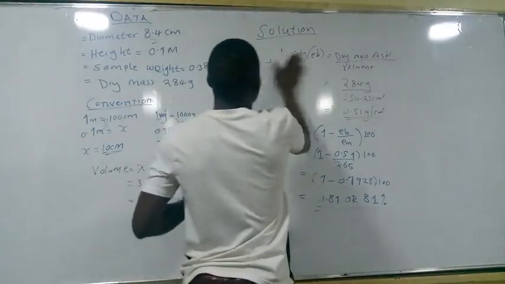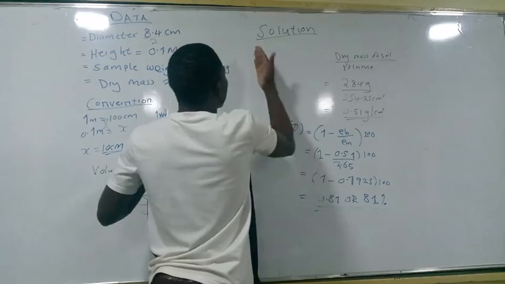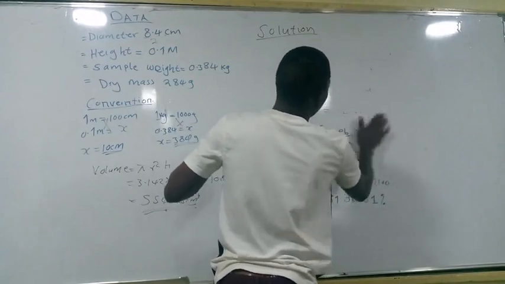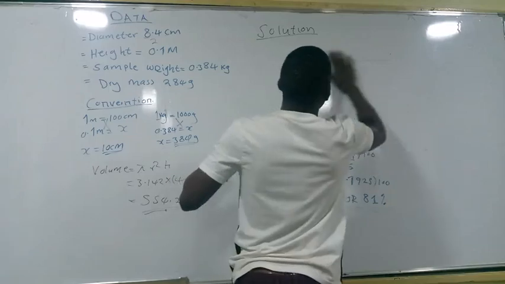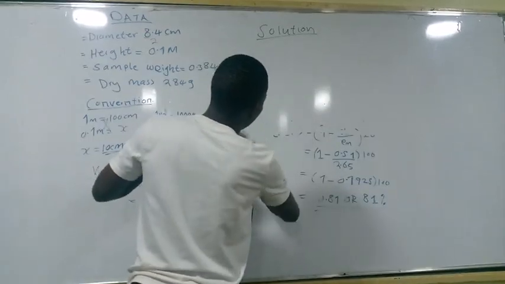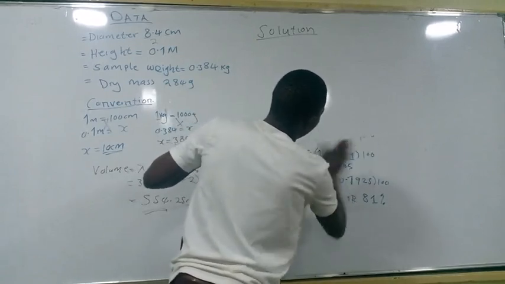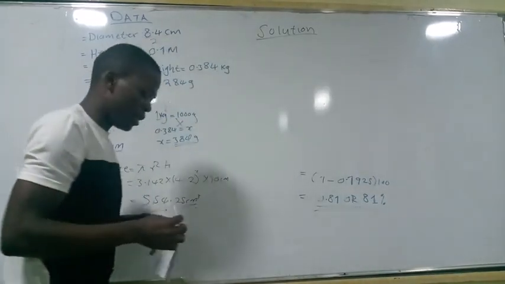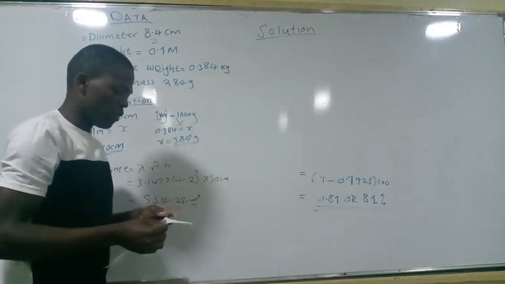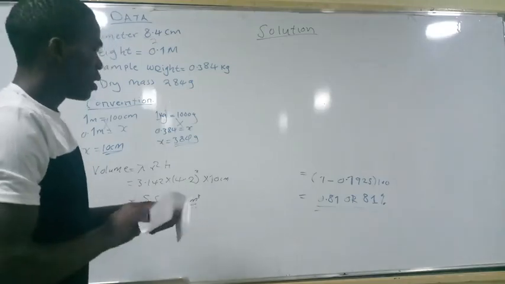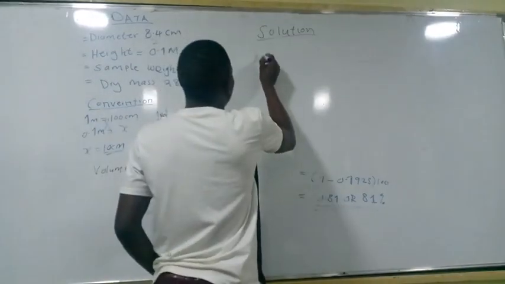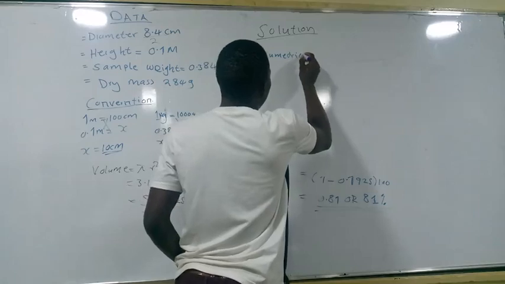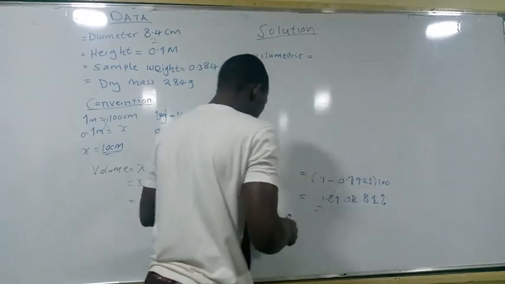We calculate the next question. And the next question, we've been told to calculate the volumetric water content. It's given by this formula.